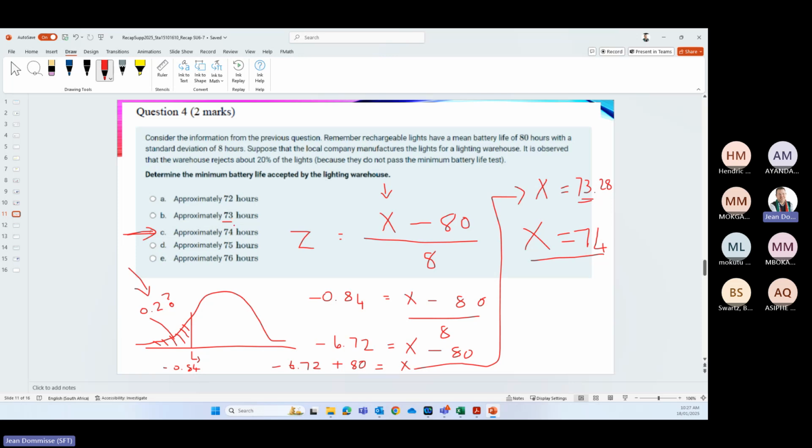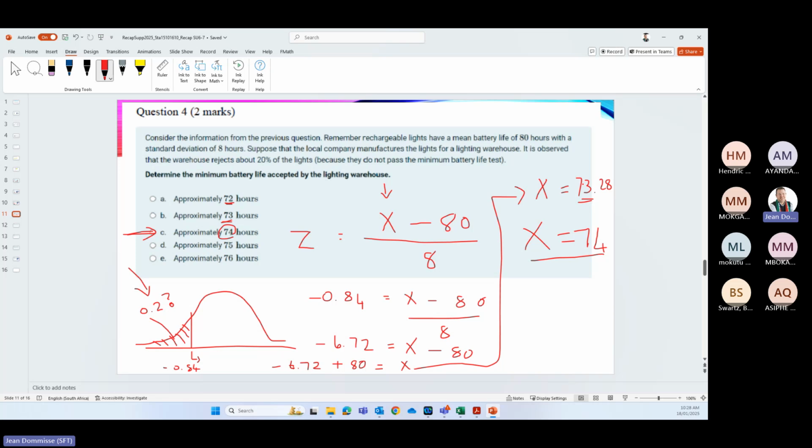So 72, I'm rejecting. 73 I'm rejecting. 74 I will accept. 75 I will. So if there was a 73.5, I would have accepted it. I don't like this because normally how we will think about this question specifically is you will round it off to the nearest number.